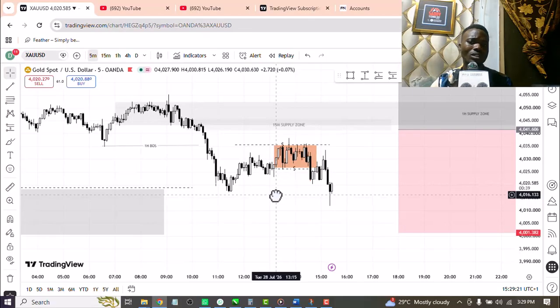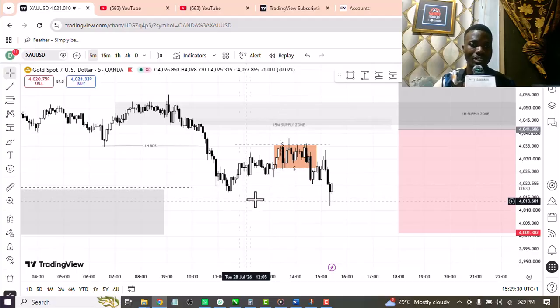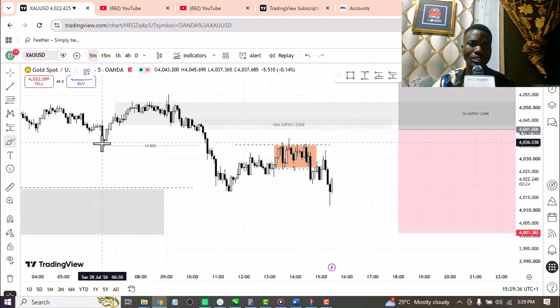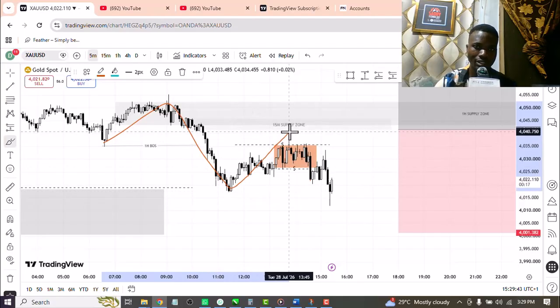Now, what is going to confirm that sellers have already entered this market is this: this is our last low, right? Price created lower highs and lower lows, so I expect price to create another lower high.